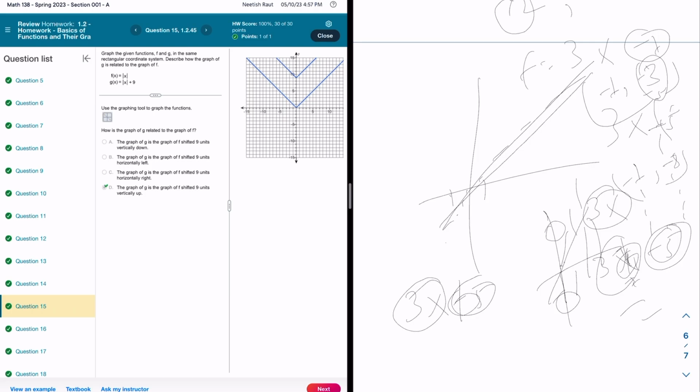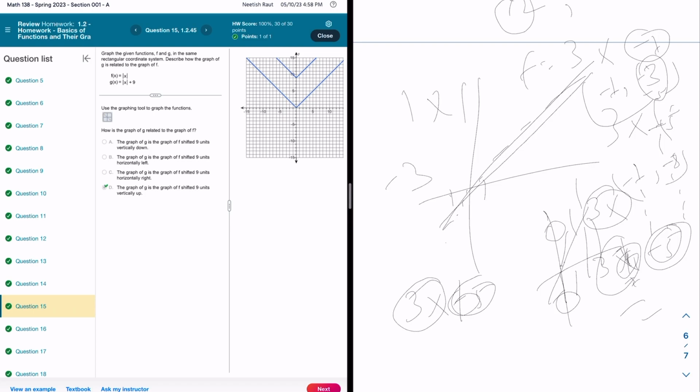That's it. No need to graph two times. One time, that's it. Now we have the absolute value of x. Any number you plug in for x will always be positive, and plus 9 means the graph will shift vertically upward by 9 units. That's it.